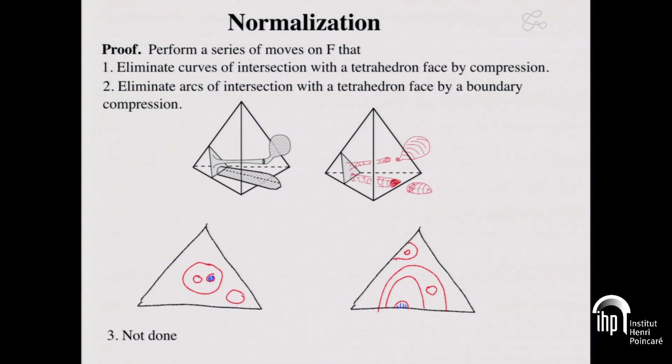Other questions? Do you think it's possible to get a normal surface that is isotopic to the original surface? Right, so the question was, can we just do isotopy? That was the way people originally did this problem. This is much simpler because I don't have to worry. When I see a circle, I just say compress it and it's gone.